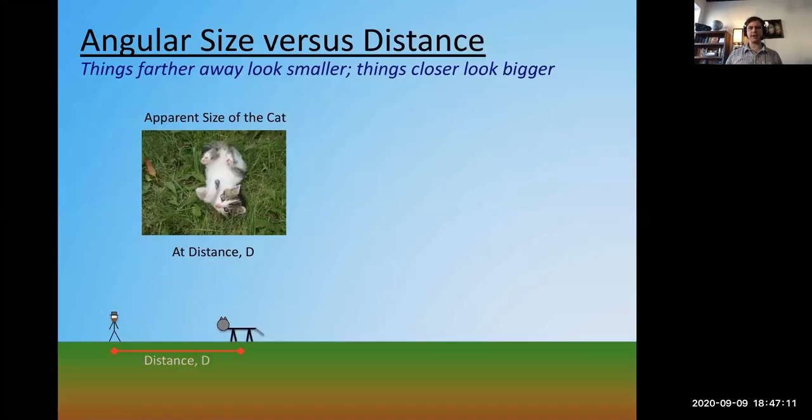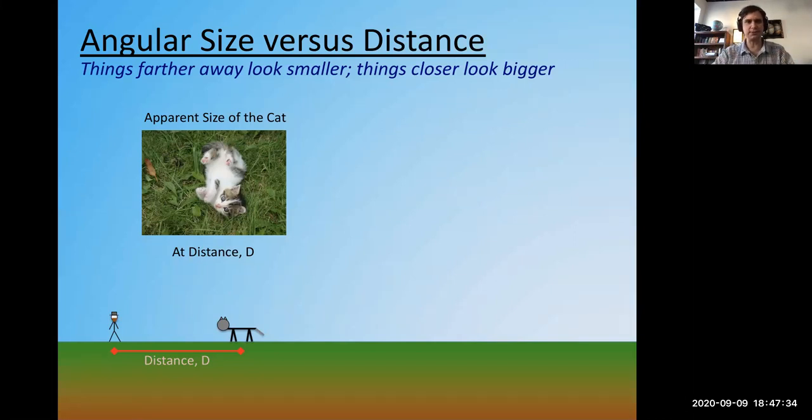For this one, I am going to use a model. Here we have a cat that is some distance away. Let's call it a distance D. Could be 5 meters, could be 10 meters, although that sounds too far away for a cat to be. We want it to be much, much closer, unless you're allergic to cats, of course. But let's just say it's some distance D away.